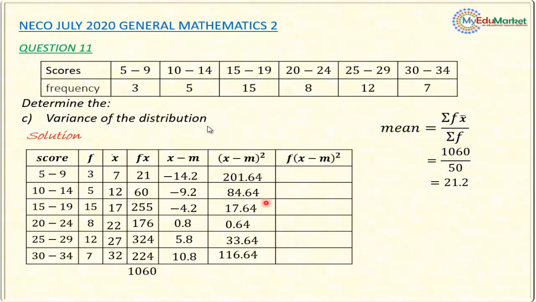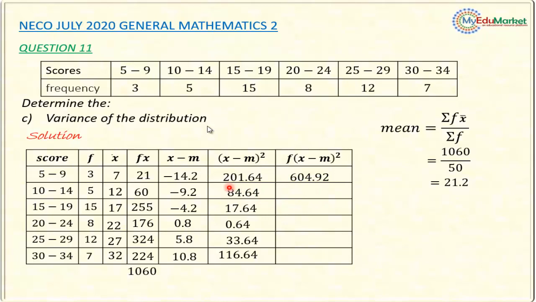So I'm going to take each square of the deviation times its corresponding f, so that I fill this column. So let me do that. I'm going to take 3 multiplied by the square of this deviation, 201.64. The answer is going to be 604.92.